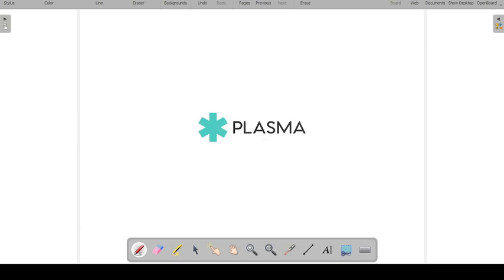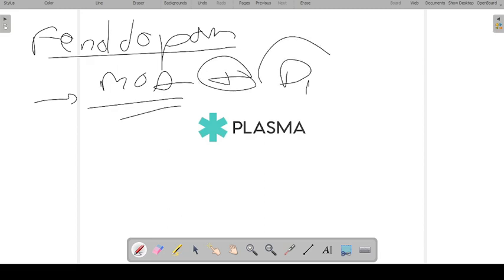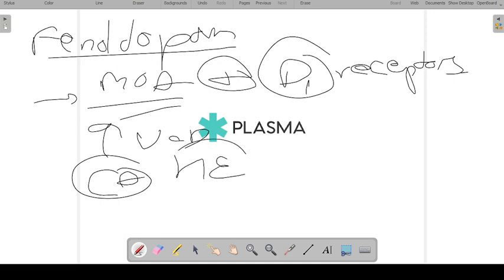Next, we'll talk about fenoldopam. Its mechanism of action is that it activates the D1 receptors, and this is also a powerful vasodilator. Clinical application: hypertensive emergencies.